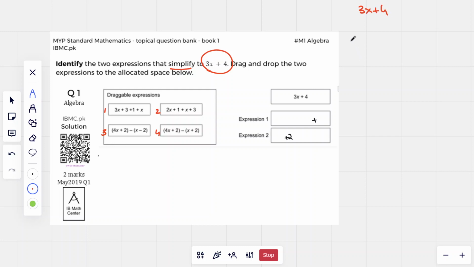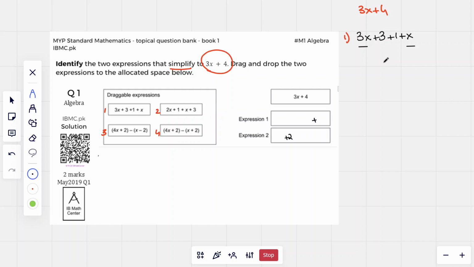Let's begin by working with the first expression. The first expression is 3x plus 3 plus 1 plus x. If you look at this carefully, you will see that two of the terms in this expression are defined in the variable x.